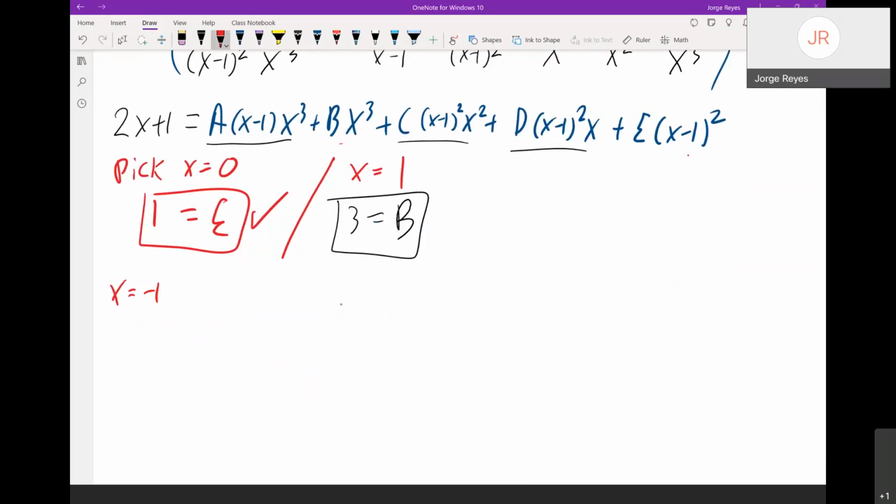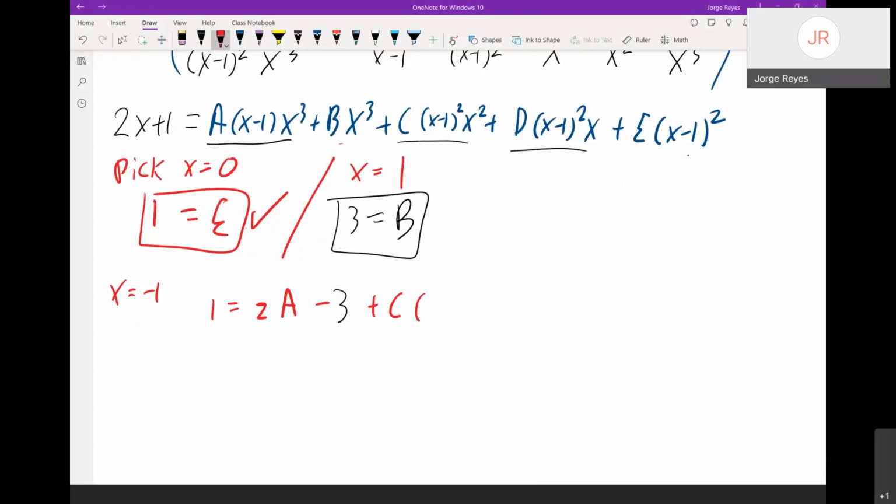So I'm going to get 1 equals, if I plug in negative 1, negative 2, so I'm going to get 2A, plus, just kidding, negative 3, because I already know what B is.